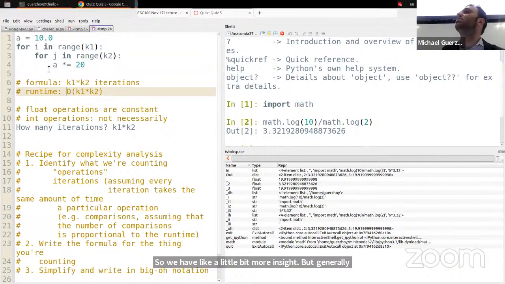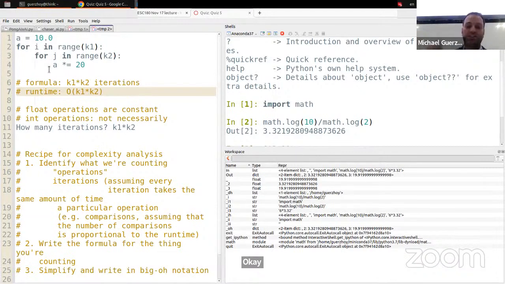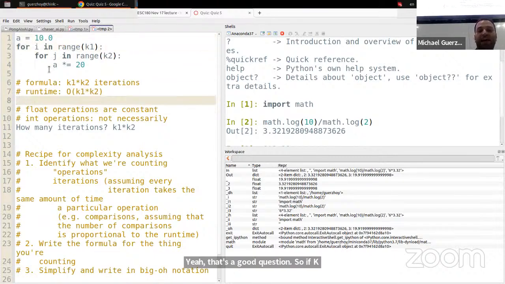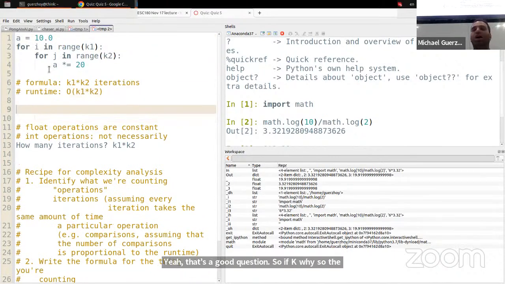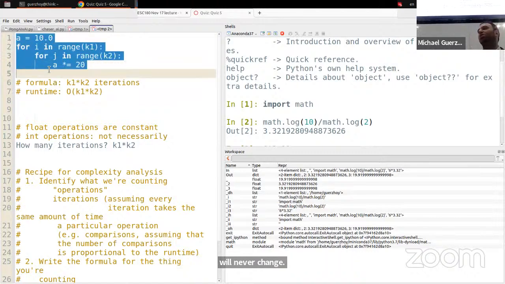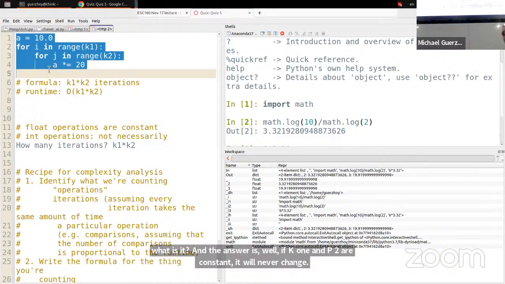Yes. Yeah, that's a good question. So the question is, if K1 and K2 are actually constants and will never change, then what is it? The answer is, well, if K1 and K2 are constant and will never change, the thing takes a constant amount of time.